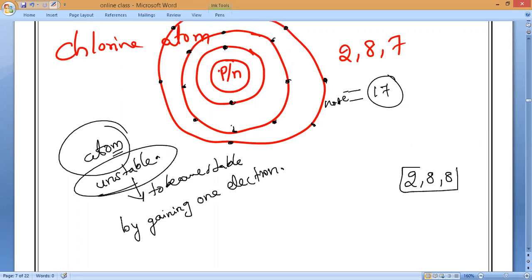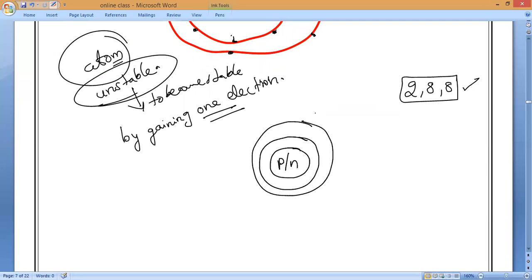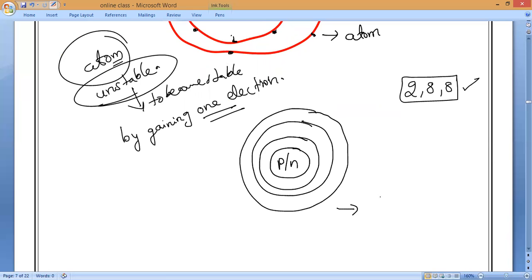Now the nucleus has protons and neutrons, with the first shell, second shell, and third shell. This is the chlorine atom, and this is called the chlorine ion.